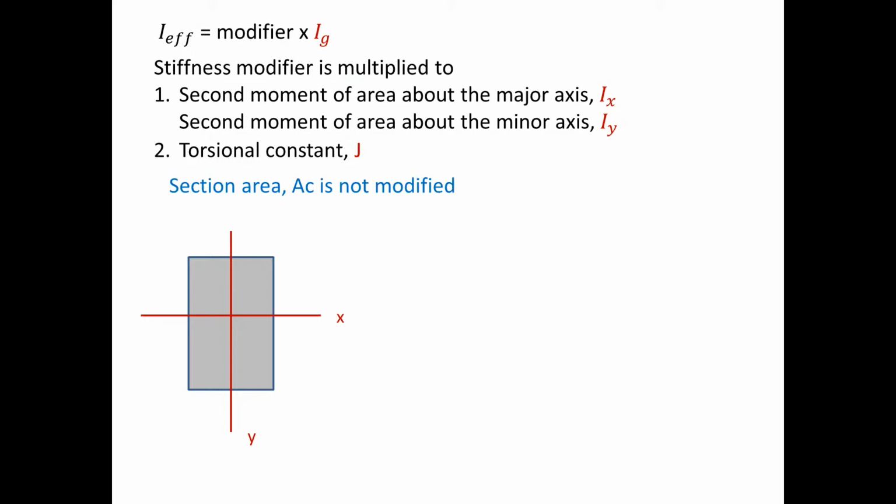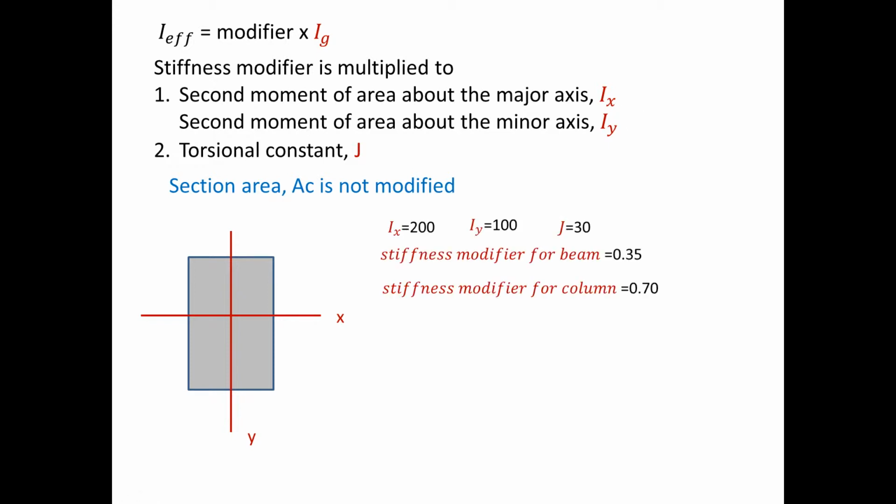Now for the section area AC, the stiffness modifier is not applied. It remains the same because basically concrete is a compression member, so it's not affected by the section cracking, unlike the section properties, which are J, Ix and Iy.